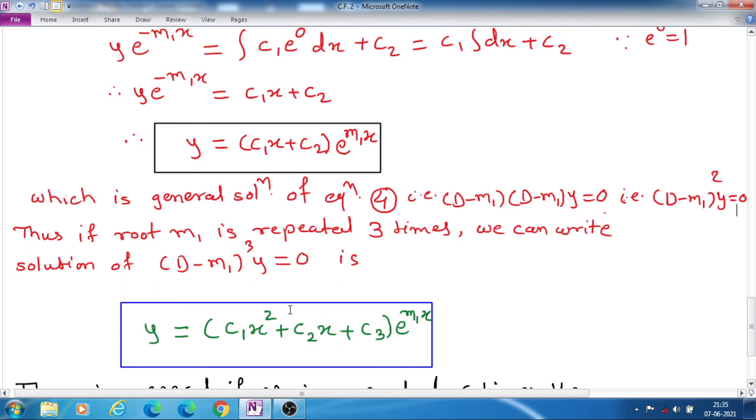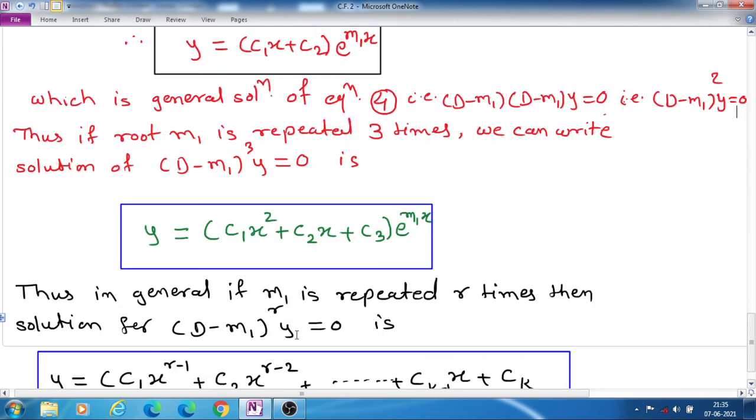If this root m1 is repeated 3 times, then solving like this, we can find that the solution of d minus m1 bracket cube into y is equal to 0 is y is equal to c1x square plus c2x plus c3 into e raised to m1x.